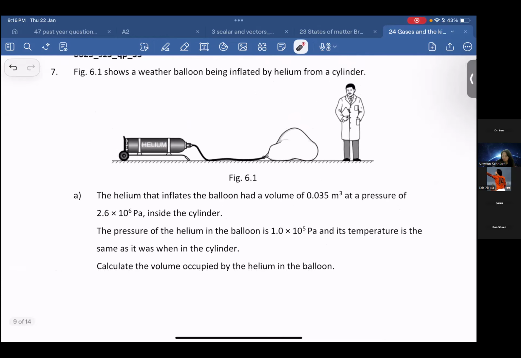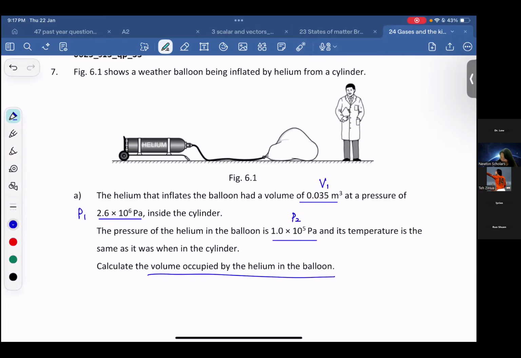At this pressure, volume is like this. So at another pressure, what is the volume that it can occupy in the balloon? Volume occupied by the helium in the balloon. So this one is the starting volume with its related pressure. Then this one is a new pressure. With the new pressure, what is the volume that you supposedly have?